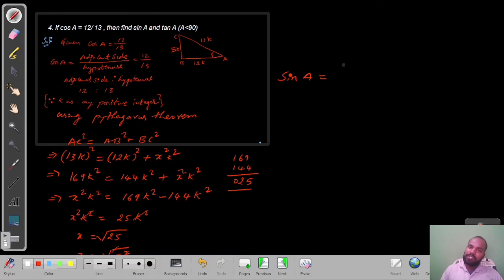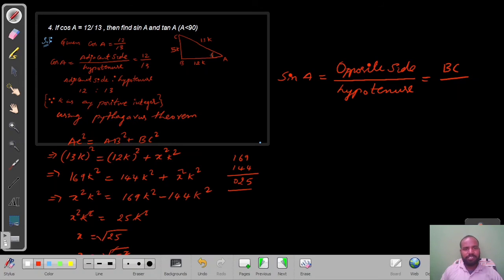Sin A is nothing but opposite side by hypotenuse. Now what is opposite here? So for sin A, opposite is BC.